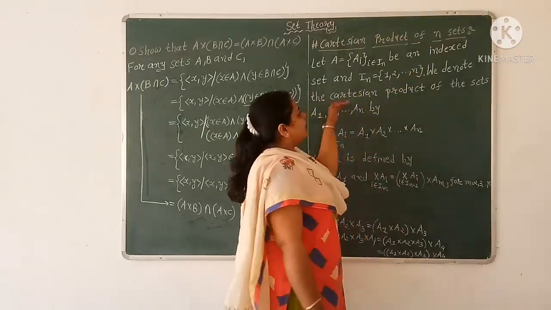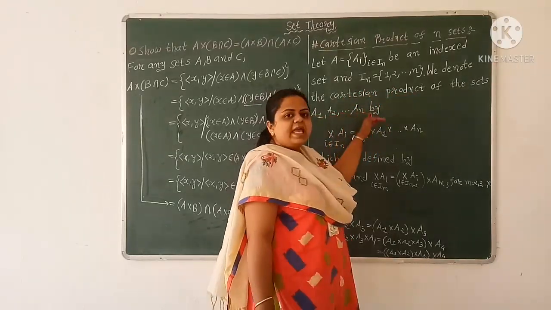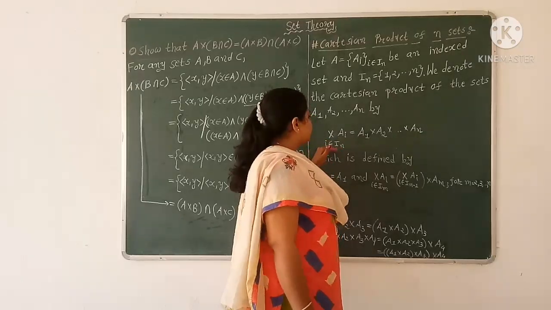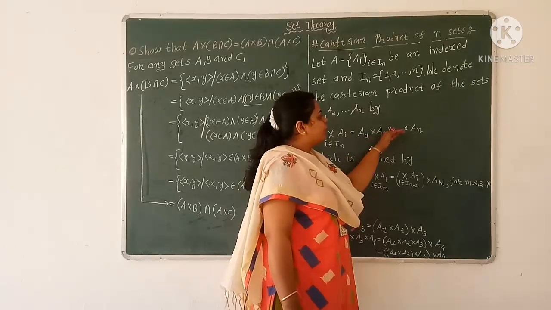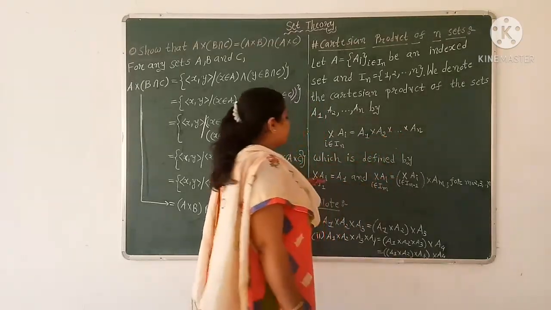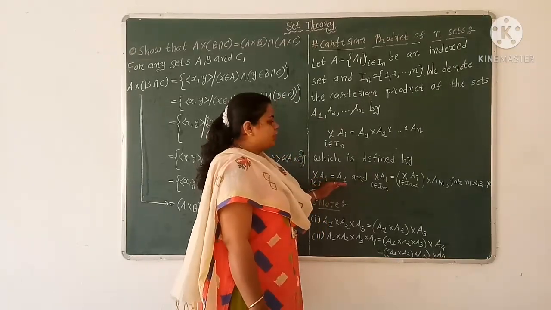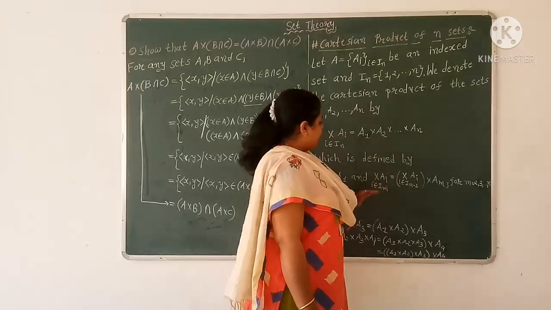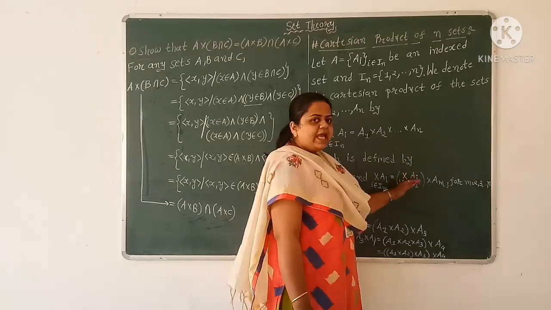We denote the Cartesian product of these sets A1, A2, up to An by the product of Ai, where i belongs to In, which is equal to A1 × A2 × up to × An, which is defined by the product of Ai, i belongs to I1, is equal to A1, and the product of Ai, where i belongs to In, is equal to the product of Ai.